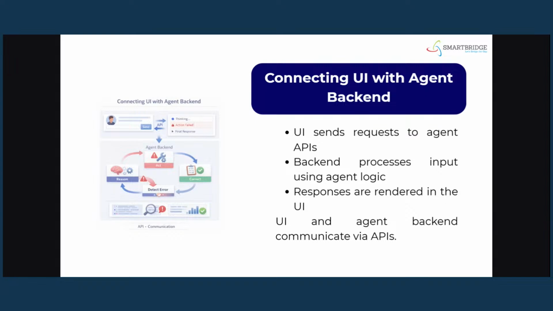In between the front end and backend, we have an API, which carries the request from the user and the response from the backend to the user. Okay. Now let's move to the next slide.